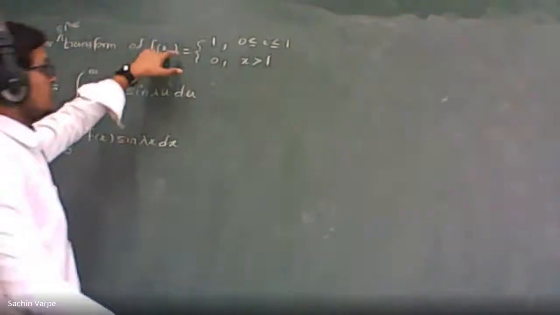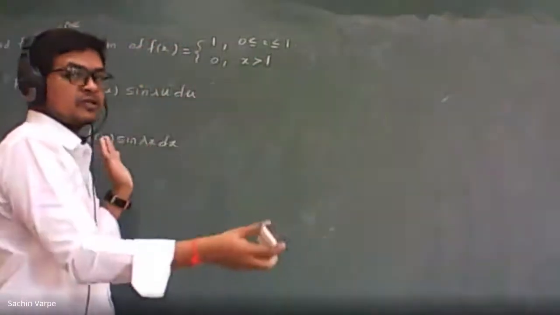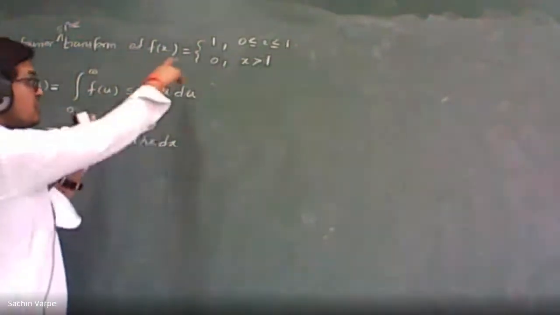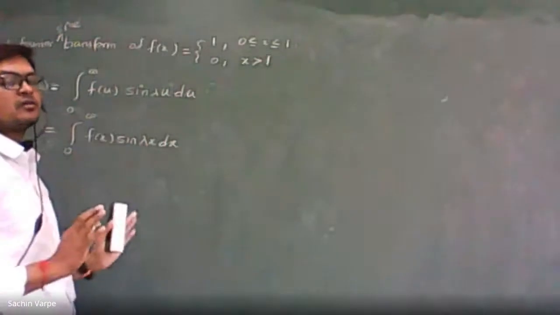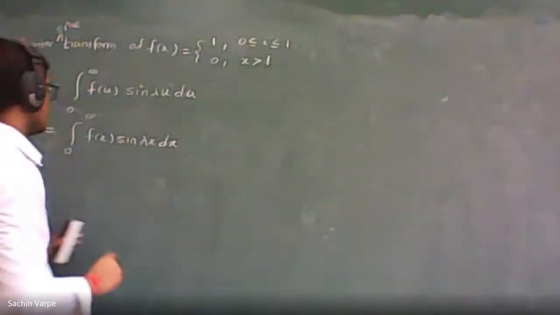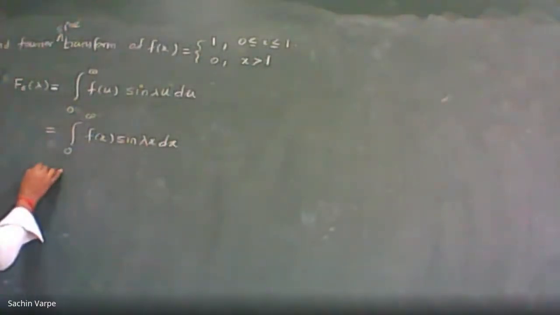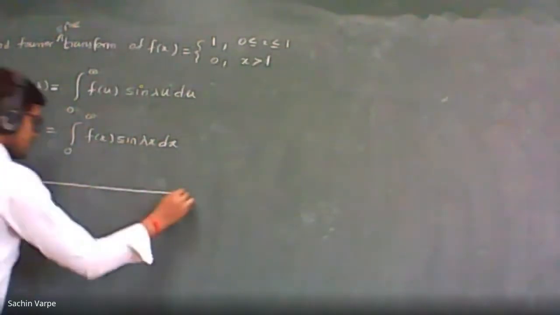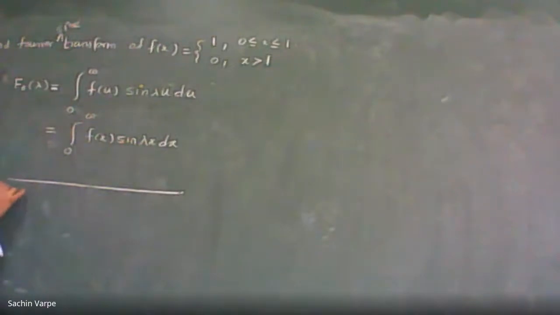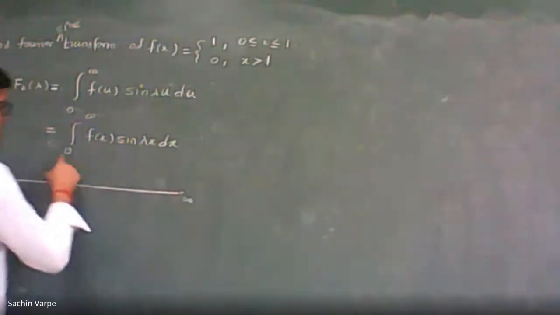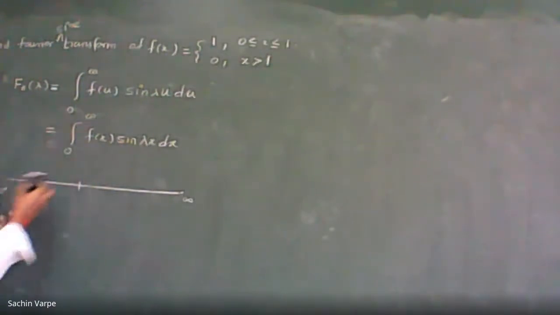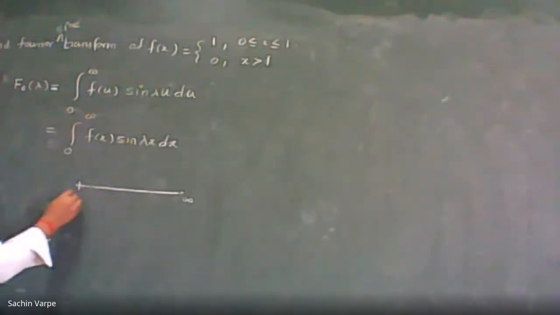Suppose our function is defined from minus infinity to infinity, but our actual boundary is 0 to infinity. So we have to consider the function value in that boundary only and skip the other values of the function. Since my boundary is 0 to infinity, I skip the negative part.